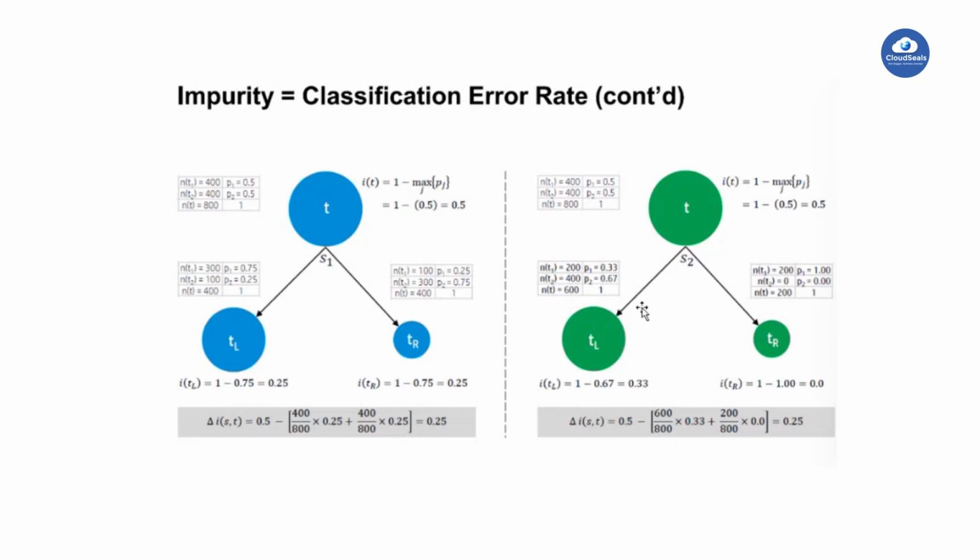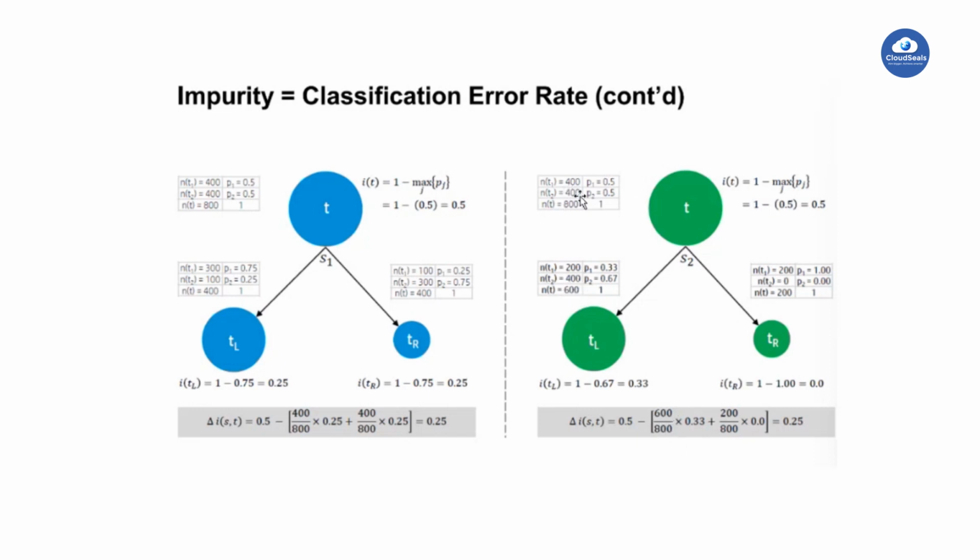Again, we calculated the probabilities. Here max probability is 0.67. So 1 minus 0.67 is 0.33. Here max is 1. That means 1 minus 1 is 0. So here how much we get in first split? 0.5. So 0.5 minus how many records does it have? 600 by 800.